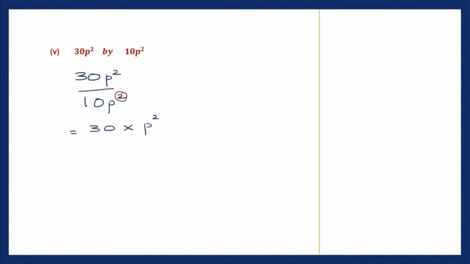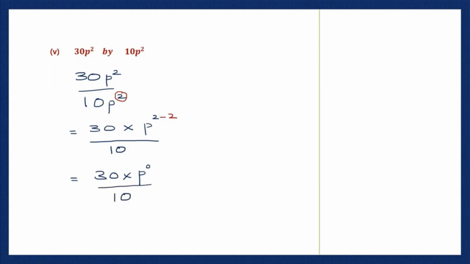And using the exponent law, we subtract the powers. So 2 minus 2. That means in the denominator, I have only the number 10 because p to the power of 2, I've already taken it up. So now I have 30 into p to the power of 2 minus 2, which is p to the power of 0. And down I have 10.